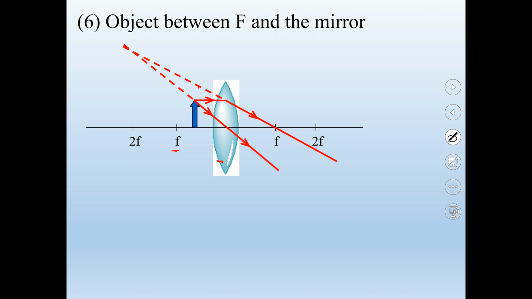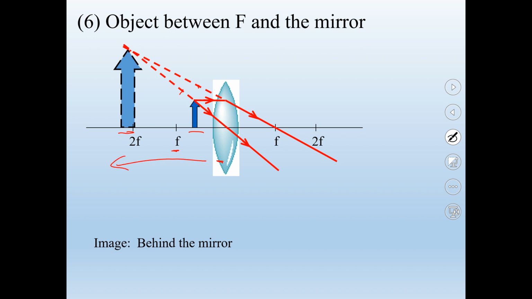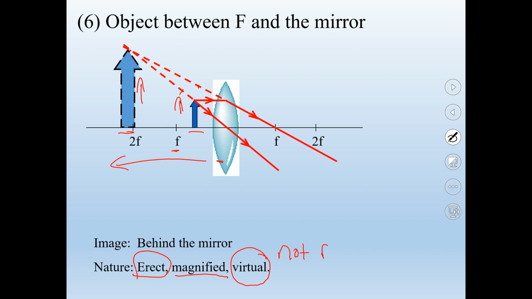Look at this, extended light. The extended rays connect each other. If the extended rays connect, we can describe the image. Look at this, the image and object are on the same side. First, the image is behind the lens, both on the same side. Secondly, the image is erect. Erect means the orientation is the same, looking the same way, and magnified. The image is bigger than the object and virtual, which means not real.